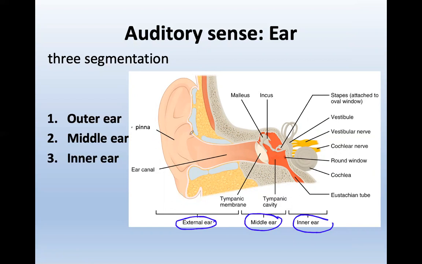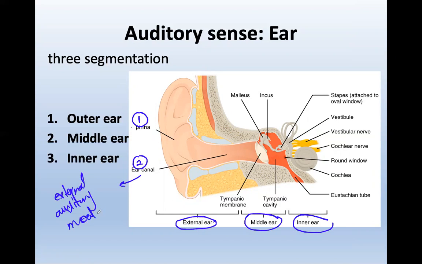Looking at each part, you have the external ear, which is made up of the pinna and your ear canal. The ear canal has the proper name called external auditory meatus.